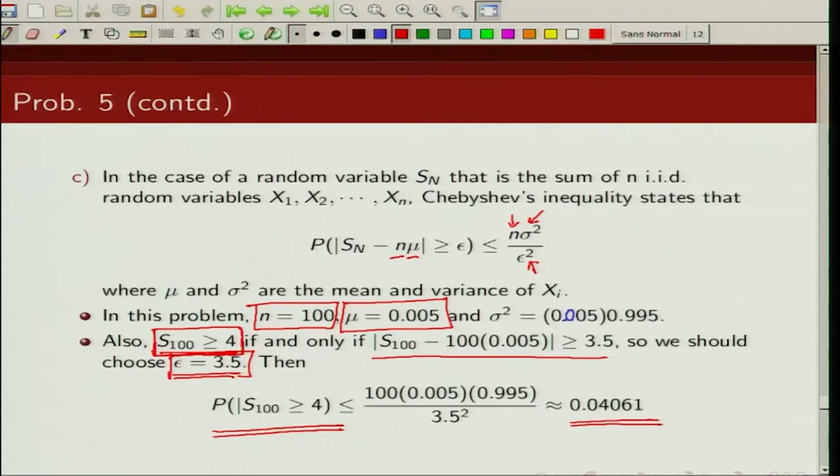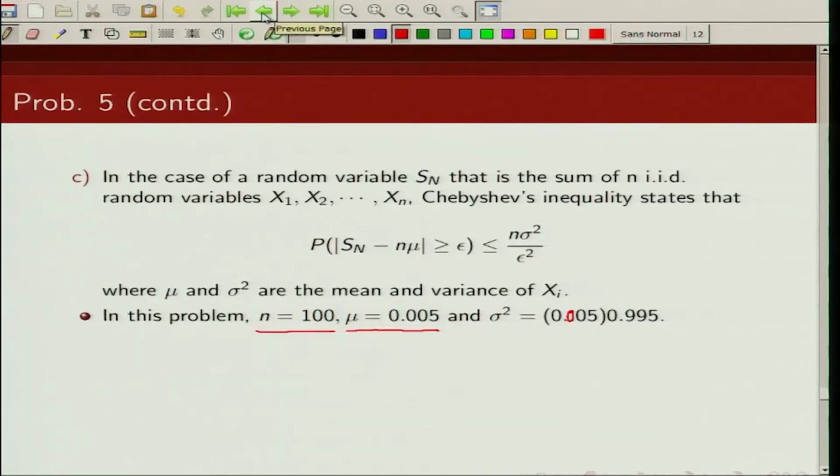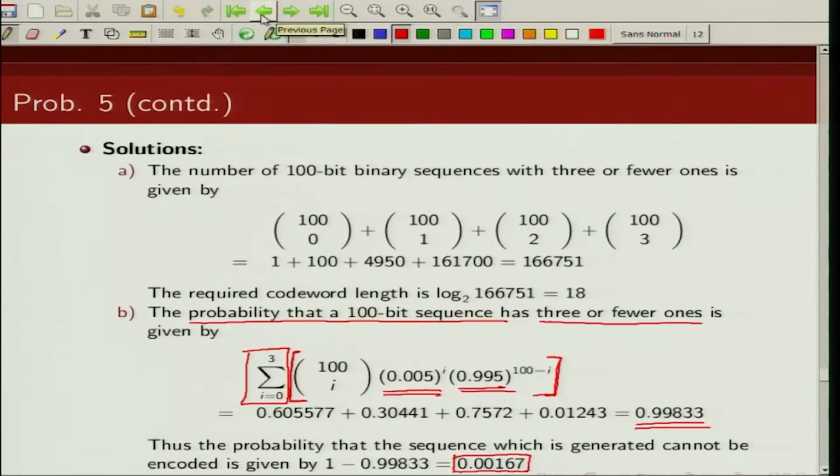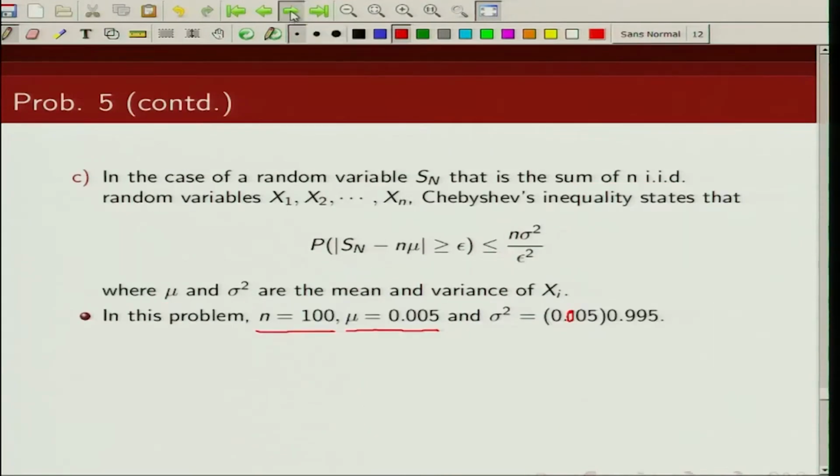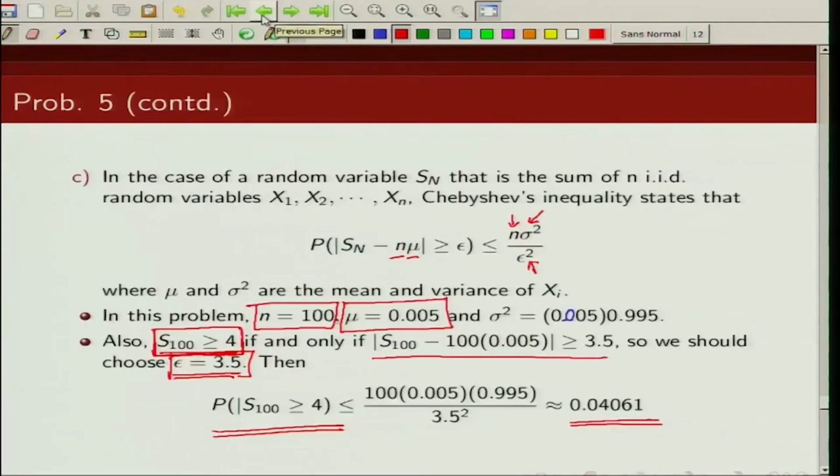Please note that this is actually quite a loose bound, because the exact probability comes out to be 1.67 × 10 to the minus 3, whereas its upper bound is 4 × 10 to the minus 2. So this upper bound is quite loose.